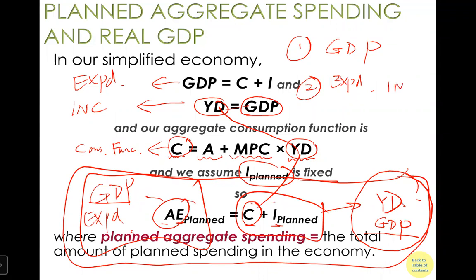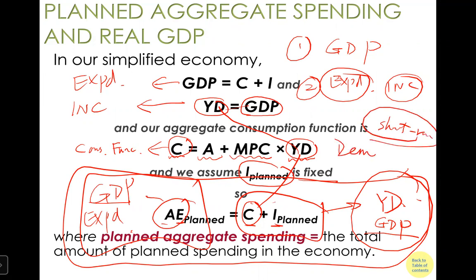So that's why we call this model the income-expenditure model, to understand the determination of total GDP, but certainly this is in the short run. Also, it is through the lens of demand. That's what we are going to do.